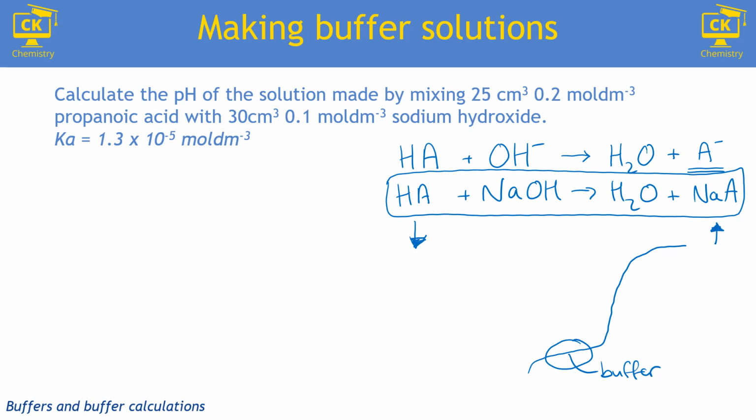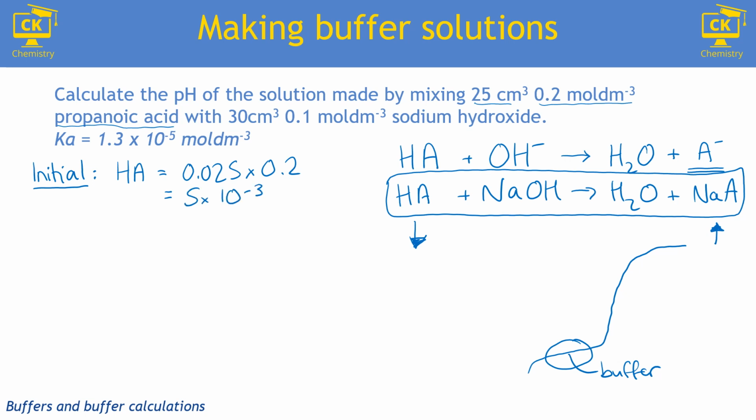So we need to have initially, before mixing, it's quite similar to an ICE table, but not exactly the same. So initially, I have 25 cm³ of 0.2 mol per dm³ propanoic acid. So HA, my moles is 0.025 times 0.2, which is 5 times 10 to the minus 3 moles.